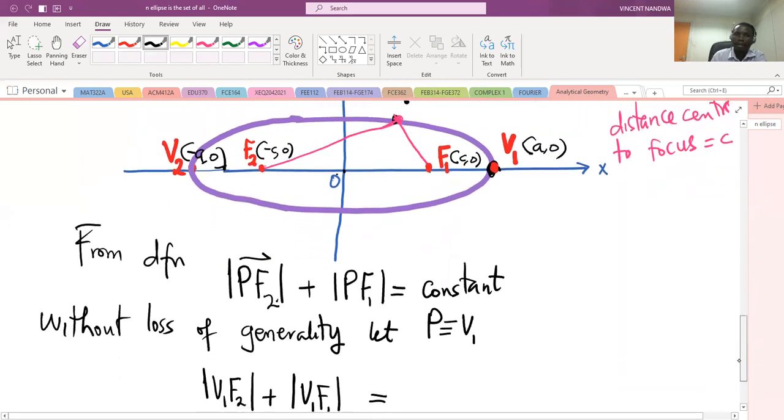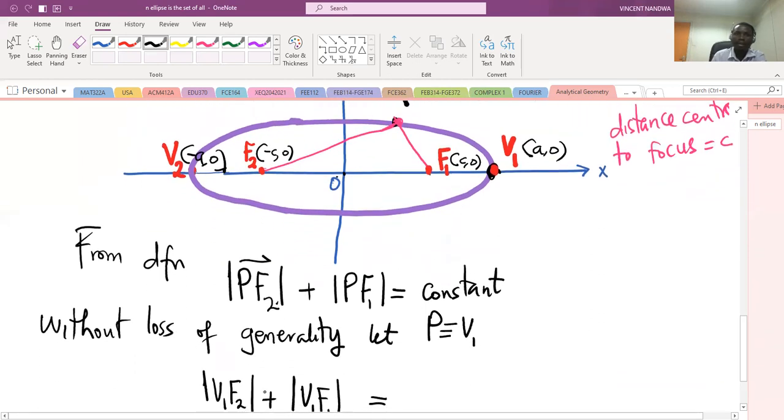V1F2, from this point to this point, is 0 from the origin to this one A units, and from this one to this one C units. So that distance will be C plus A. Remember, the reason why this is negative is just that it is to the left, but the units from the center to this point is C units.